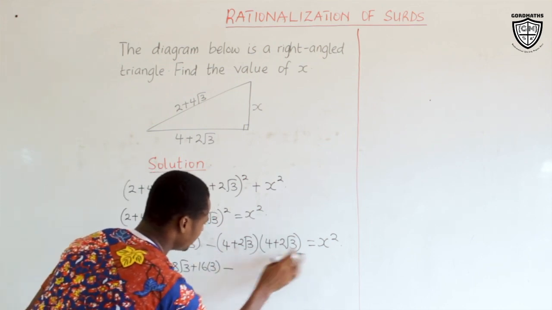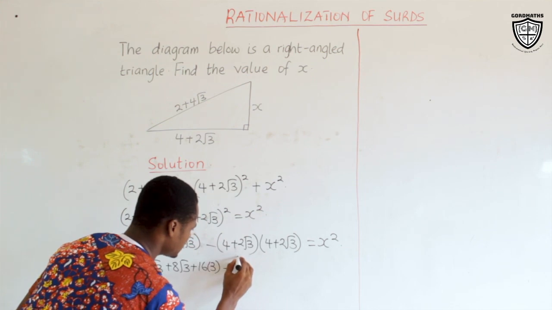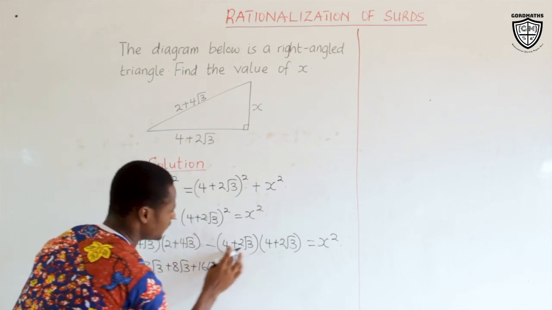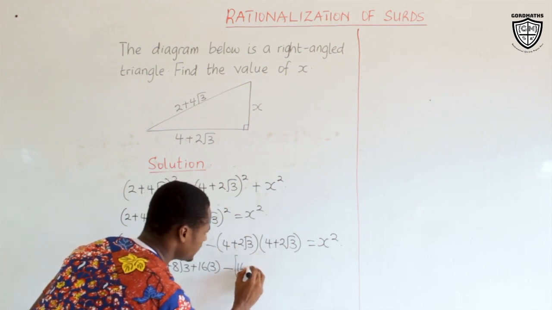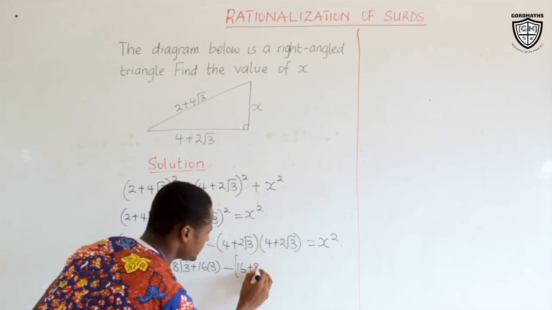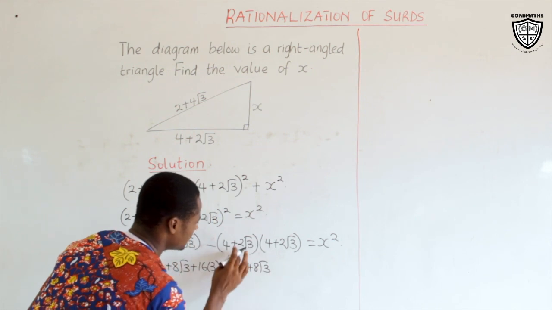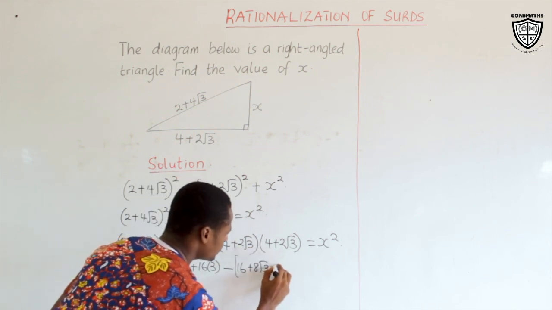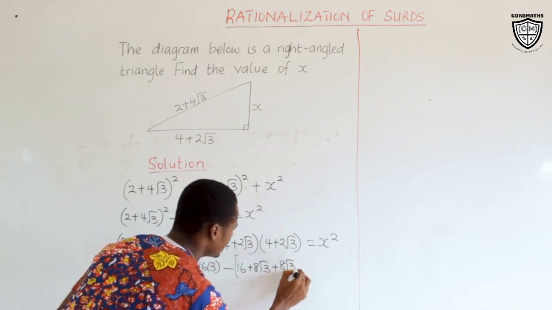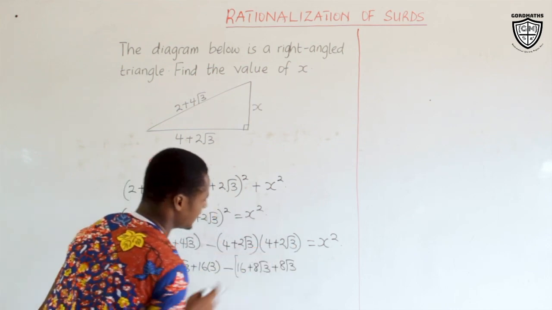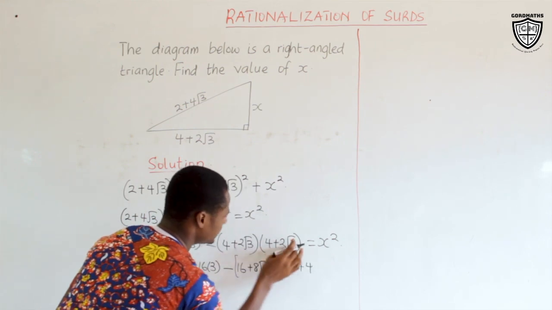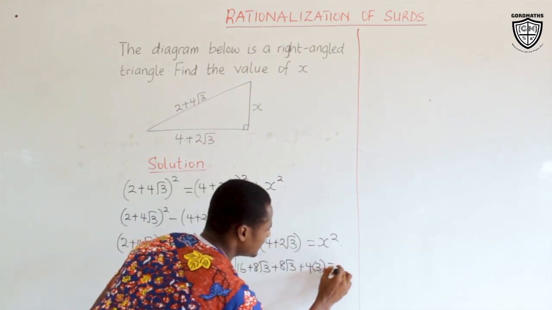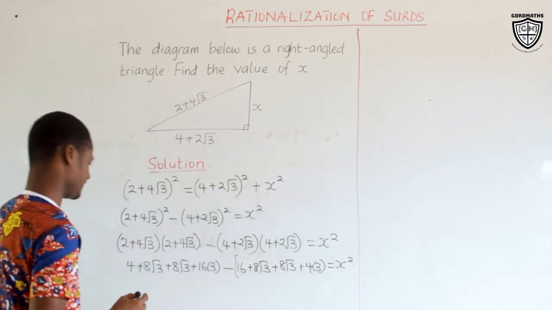Minus, the negative affects all these, so we will put that in brackets. 4 times 4 is 16. 4 times 2 root 3 will give us 8 root 3. 2 root 3 times 4 will still give us 8 root 3. Then 2 root 3 times 2 root 3, that will give us plus 4 root 3 times root 3 is 3, equal to x squared.